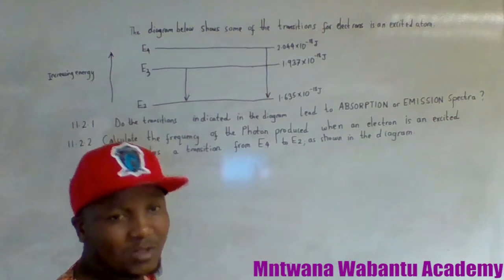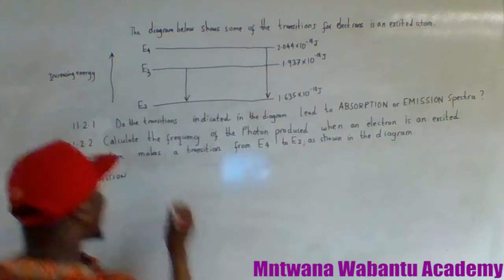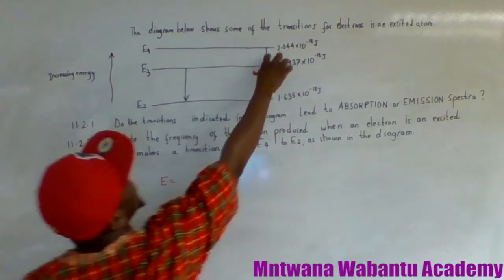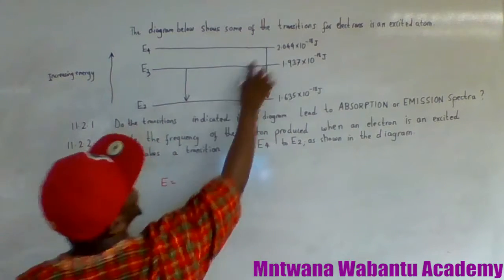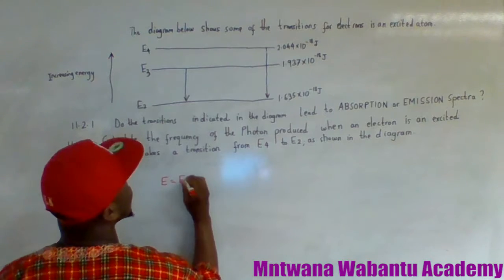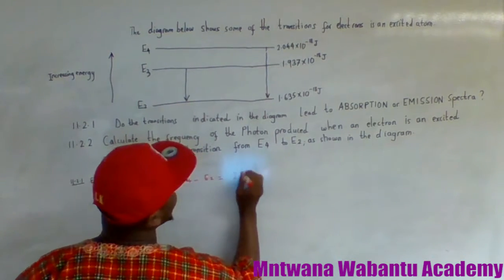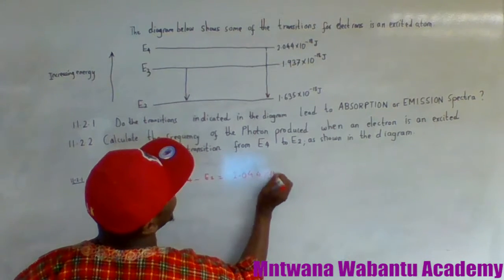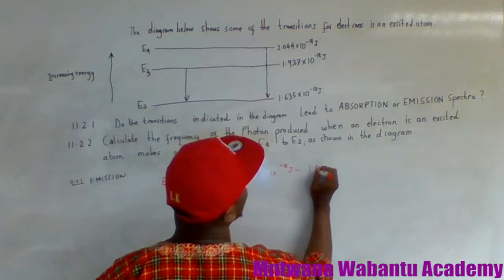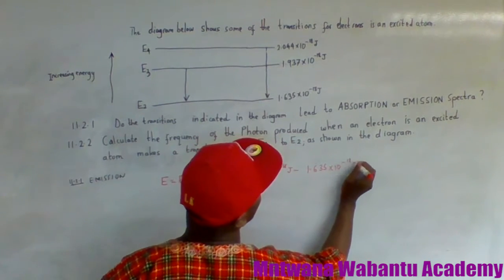So first and foremost, let's find the energy released. To get the energy released, we take energy at 4 because the electron moves from energy 4 to energy 2. Look here, the direction of the energy was moving from energy 4 to 2. So energy 4 minus energy 2: this is 2.044 times 10 power negative 18 joule minus 1.635 times 10 power negative 18 joule.